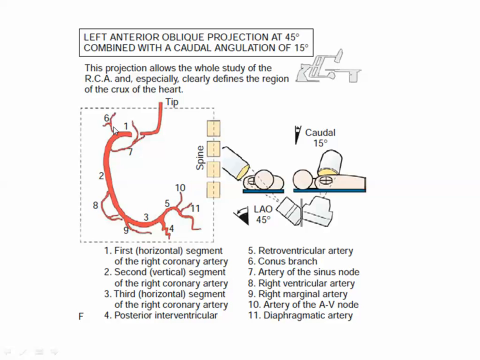So this is the conus, and this will be the SA nodal branch going to the RA, more deep. Okay? This is the acute marginal. Okay, this is the PDA and this is the PL, and the AV nodal branch just after the bifurcation. This is the bifurcation into PDA and PL, and this is the AV nodal branch.